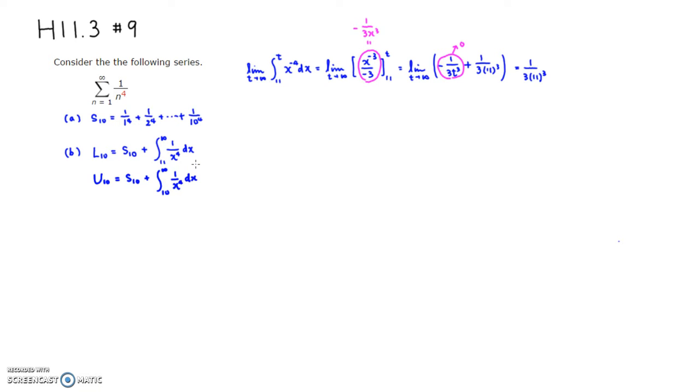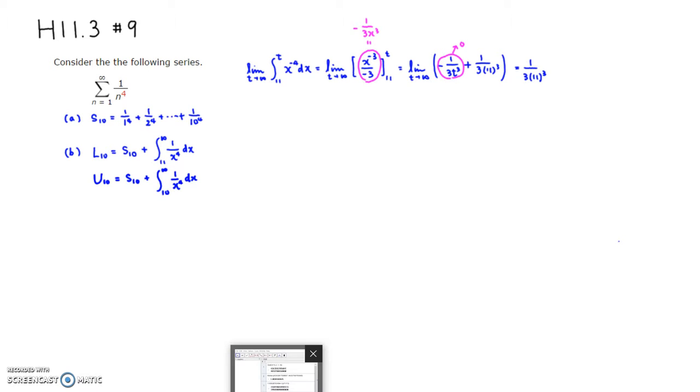Let's compute that, and we can actually guess. When it starts from 11, it's 1 over 3 times 11 cubed. So it's obvious that when you start from 10, it's going to be 1 over 3 times 10 cubed.